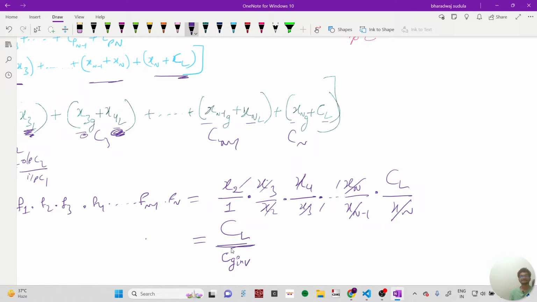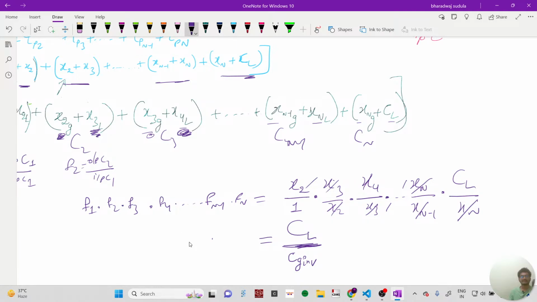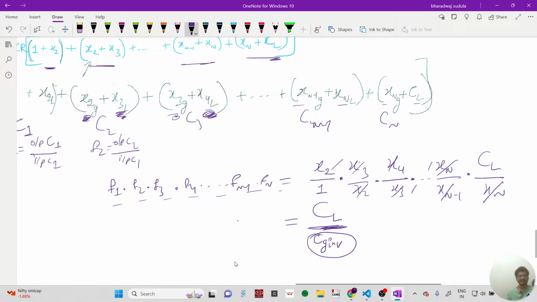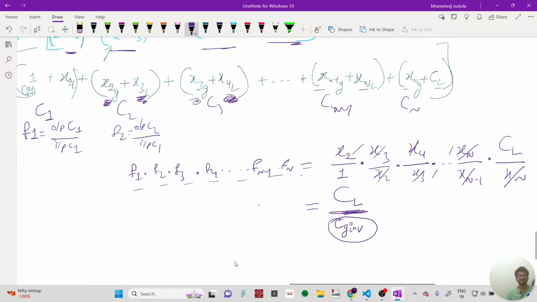Correct. So if I multiply all the fan outs of each and every gate, it comes out to be load cap by the first gate input gate cap, right? So what can we do with this? Let's see.